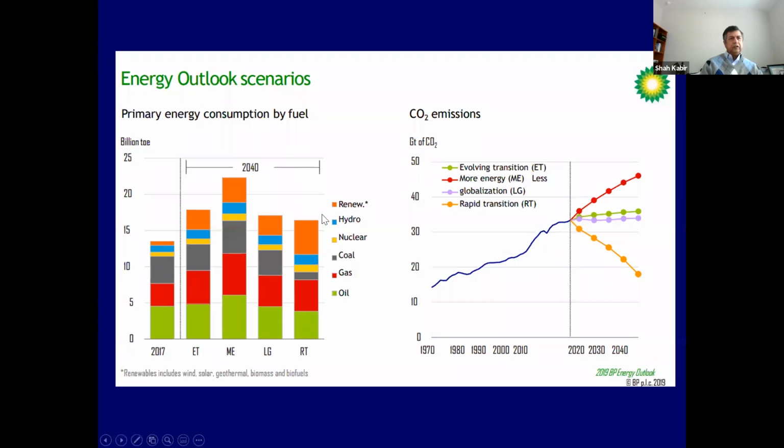So this is an outlook from BP, and there is similar content from Chevron and also ExxonMobil. Again, you can Google it and get to this. So as you can see, this is what's happening in the next 20 years.